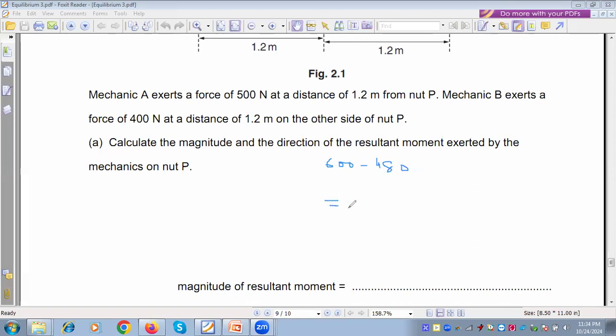So what is the answer? 120 Newton meter. In which direction? Whose moment is greater? Mechanic A, because he is applying the greater force. So it will be anti-clockwise.